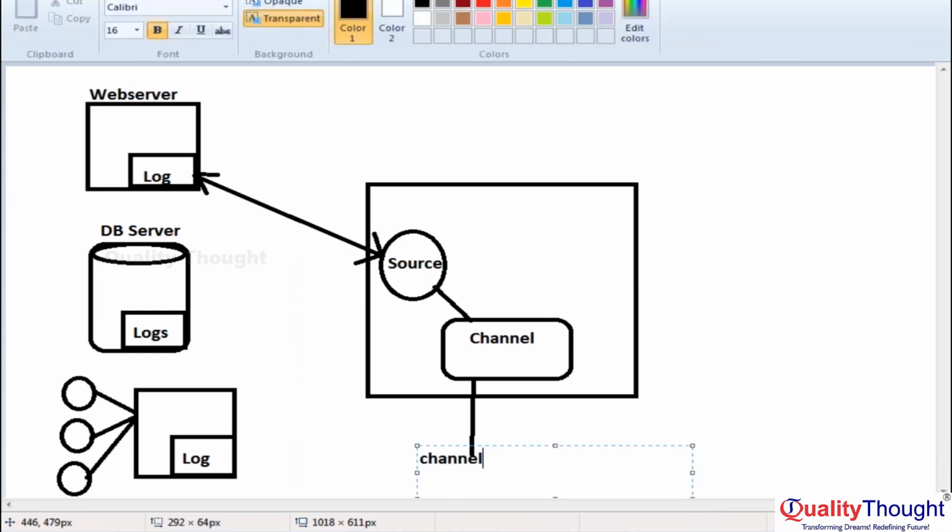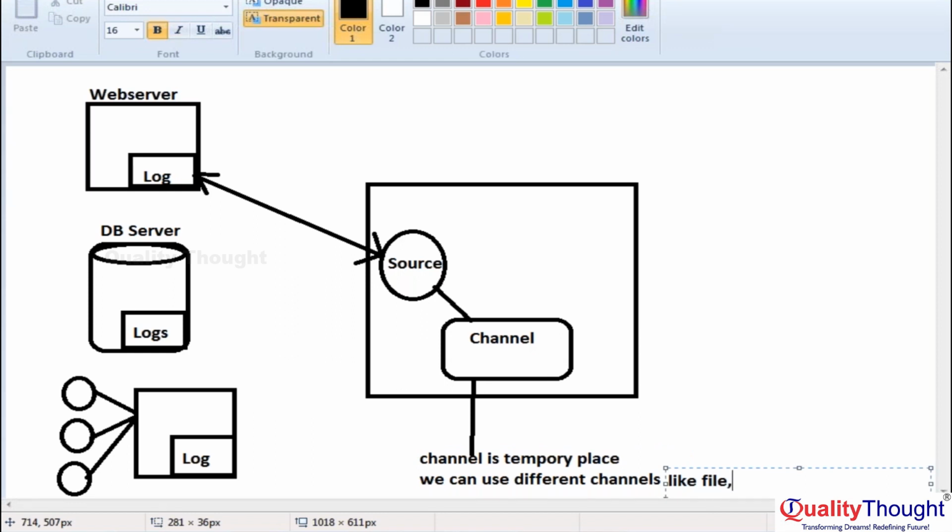The channel is a temporary place. We can use different channels, and I will explain which channels are available. For example, we can use a file channel and a memory channel.